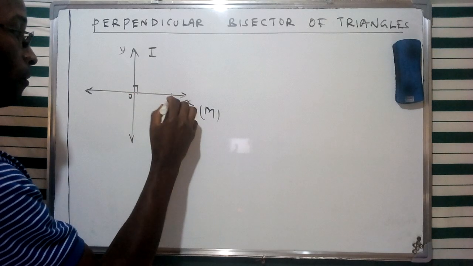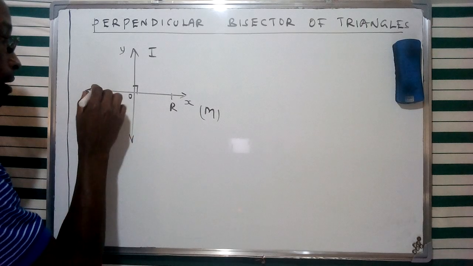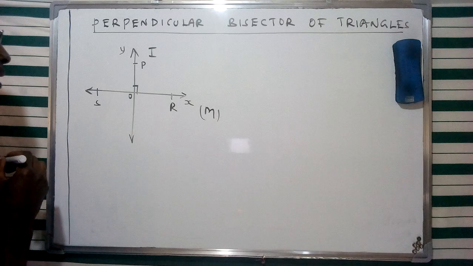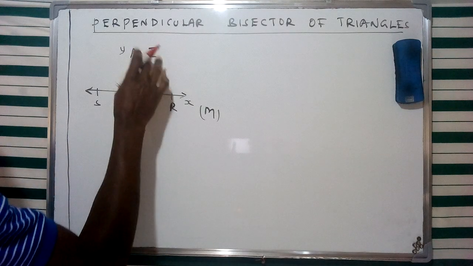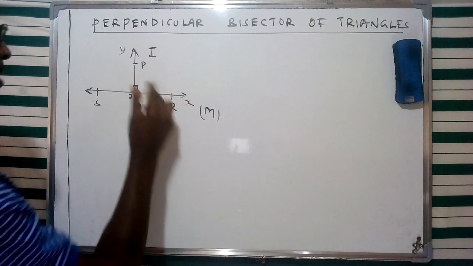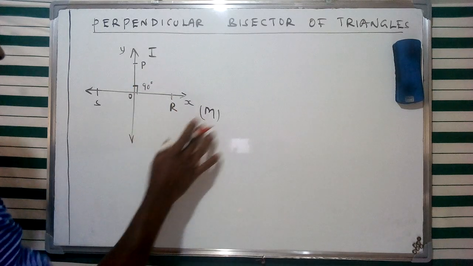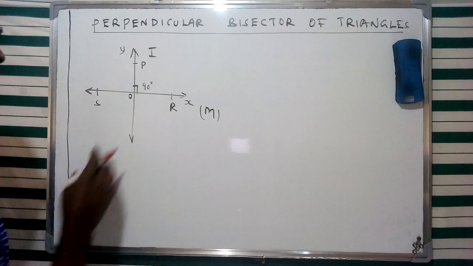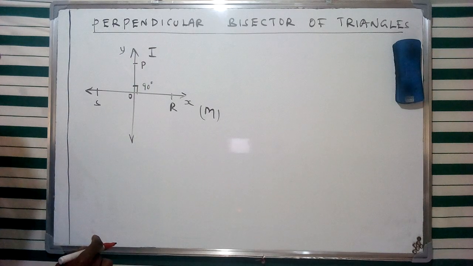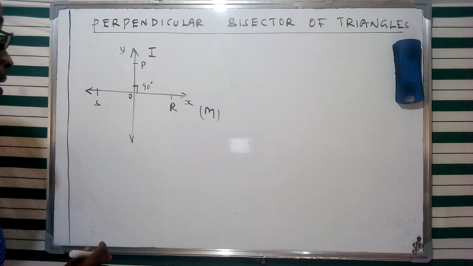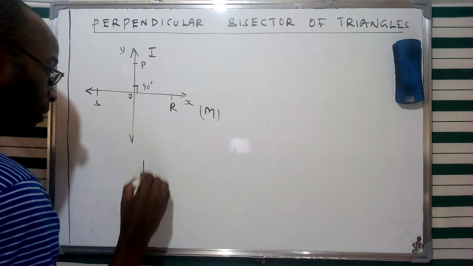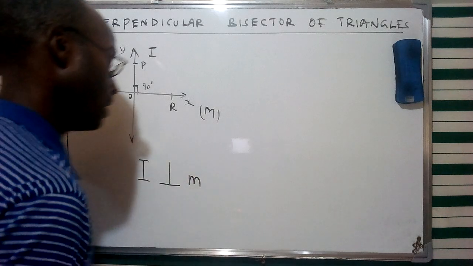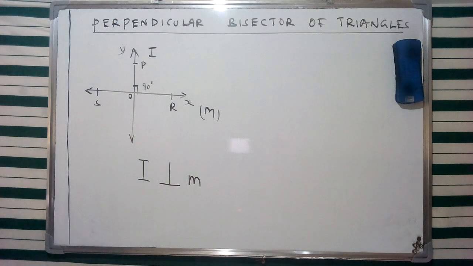Let's say this is R, S, and this is point B. If line I forms a 90 degree angle with line M at point O, then we can describe line I as a perpendicular bisector of line M. So we can write this as I is perpendicular to line M, given as a notation of that nature.